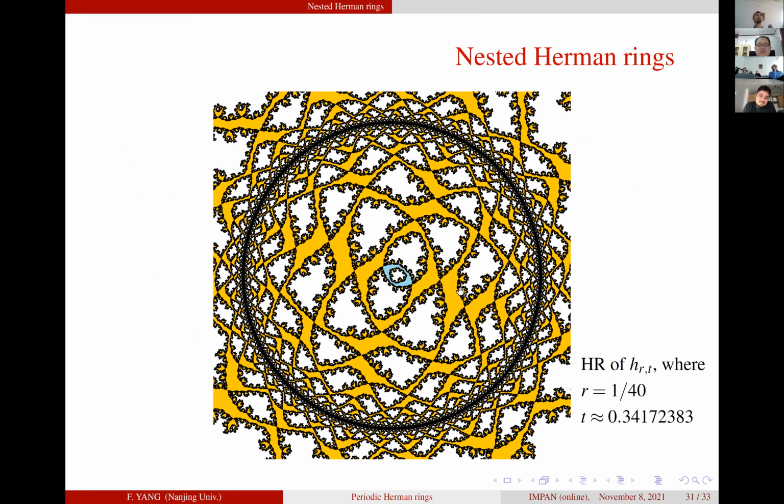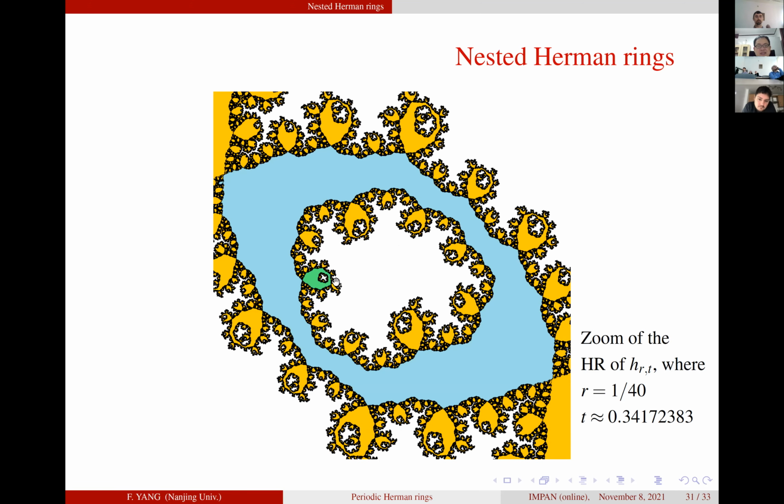Because this Herman ring has period 2, the other Herman ring is the symmetric image about the unit circle of this green annulus. The symmetric image of this green annulus is another Herman ring, and then they form a 2-cycle of Herman rings.